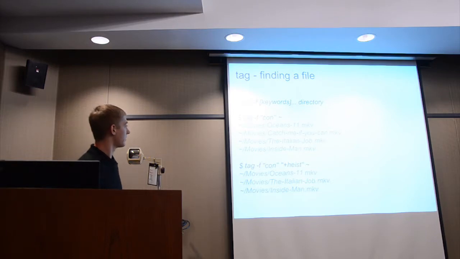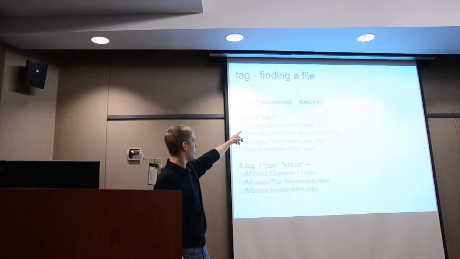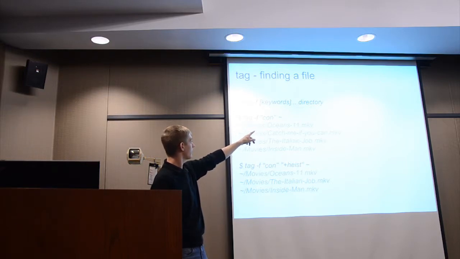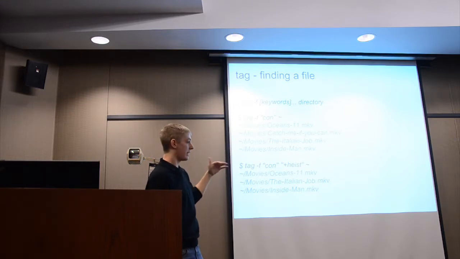And then finding files is really easy too. I can search for all the files that contain the word con inside of a directory, and it'll return a list of all the files that were tagged at some point with that keyword. Now, that's not specific enough, and I have other types of meta keywords.